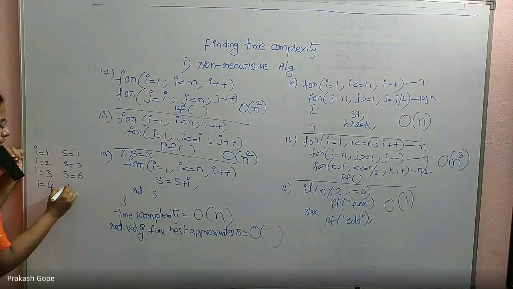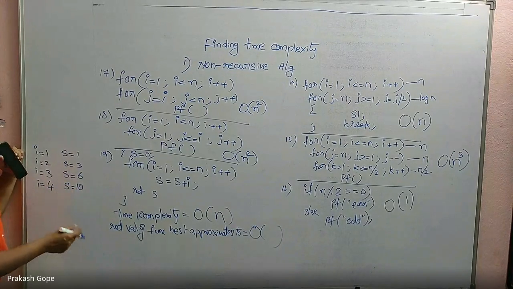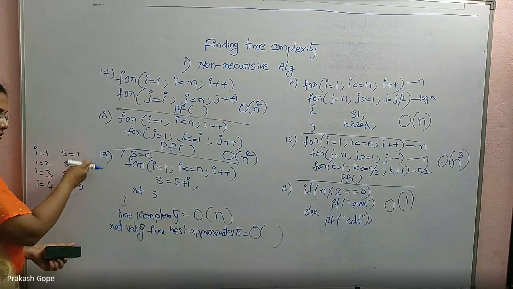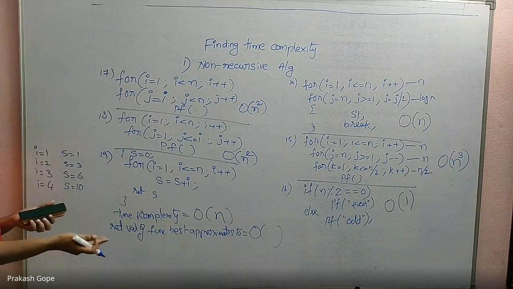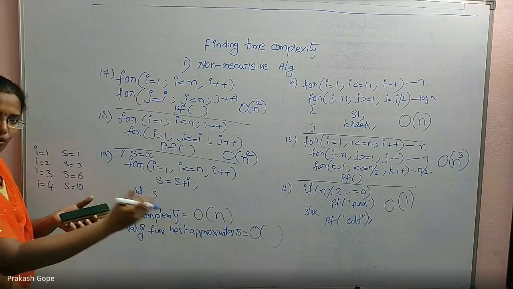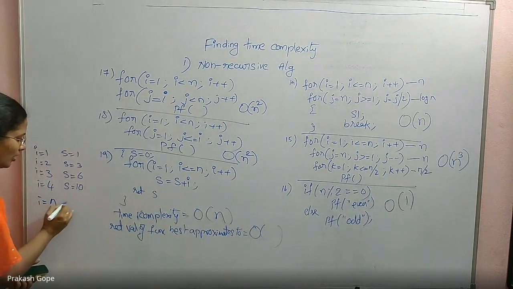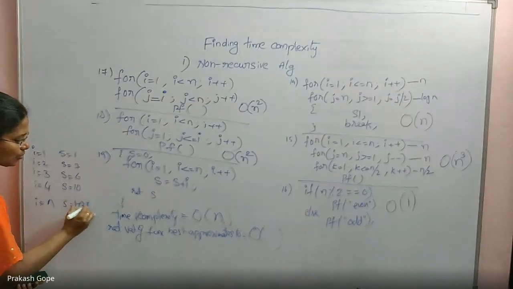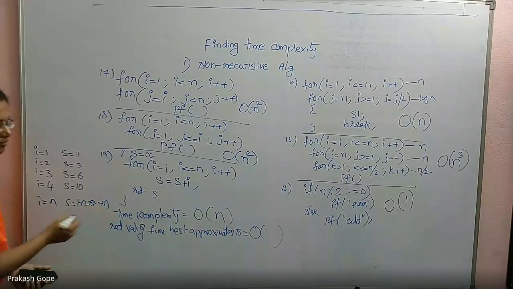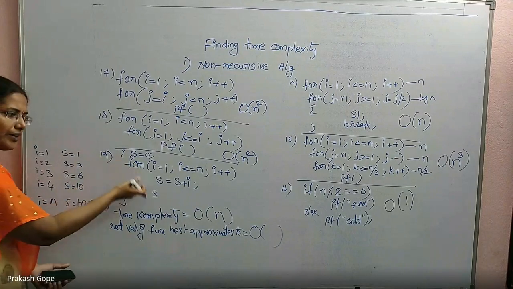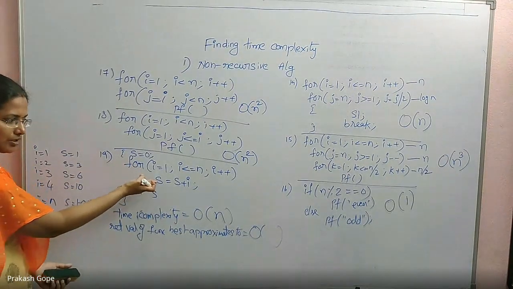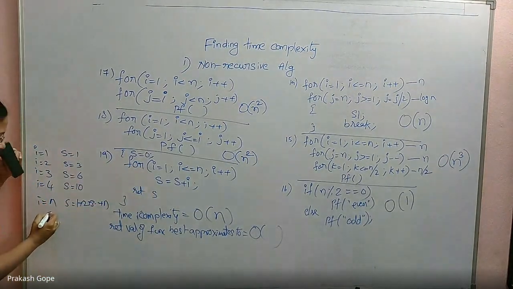When i is 4, to the existing s I am adding 4; so we keep adding 1, 2, 3, 4, 5, up to n. When i is n, it is 1 plus 2 plus 3 plus and so on up to n. I am trying to find the sum of the first n natural numbers, that is the meaning.